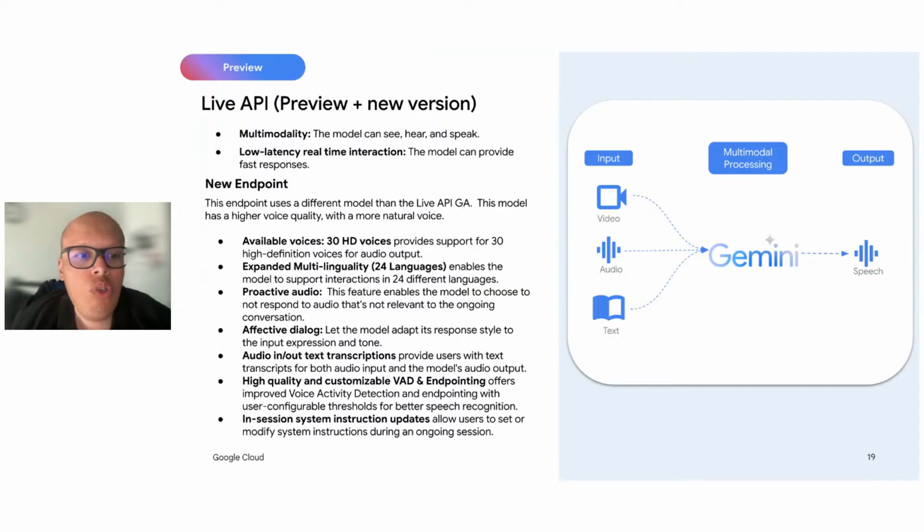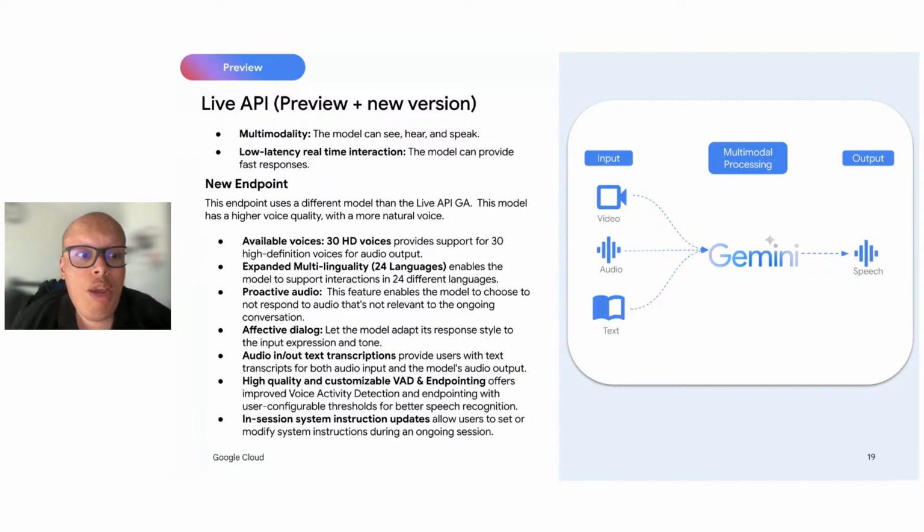or affective dialogue, where the model can adapt its response tone and style to the input expression of the user. You have input and output text transcription of the discussion. And finally, you have high-quality and customizable VAD and endpointing, which offers improved voice activity detection and endpointing with user-configurable thresholds for better speech recognition.